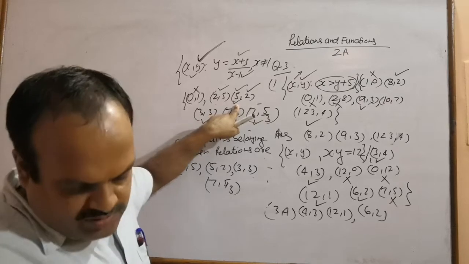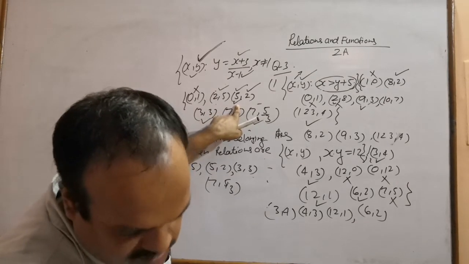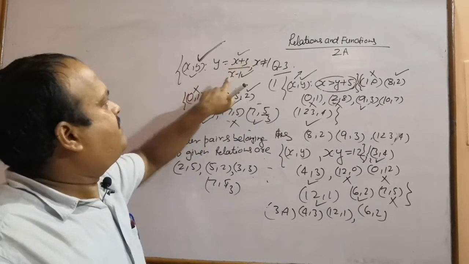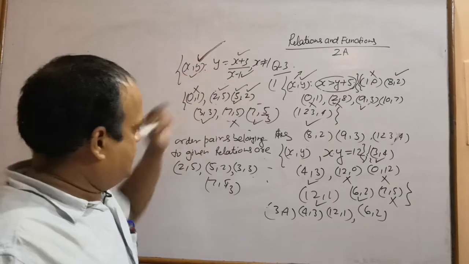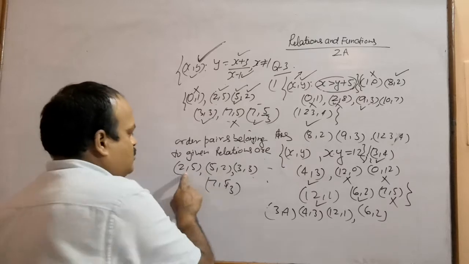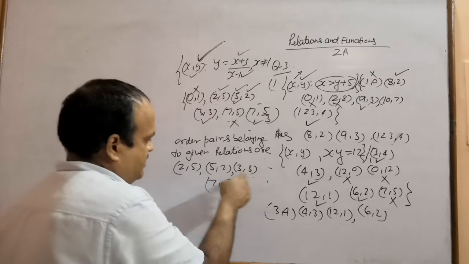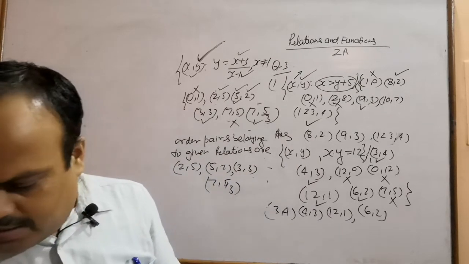Value of x, do we have 5 comma 2? Yes, 5 plus 3 is 8, 5 minus 1 is 4, 8 upon 4 is 2. Yes, so the answer is 2 comma 5, 5 comma 2, 3 comma 3 and 7 comma 5 by 3.